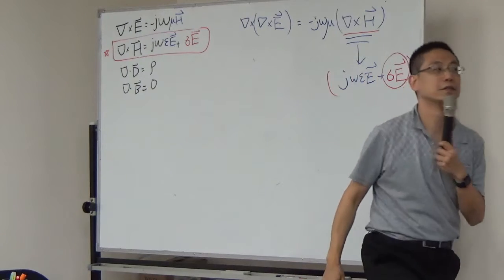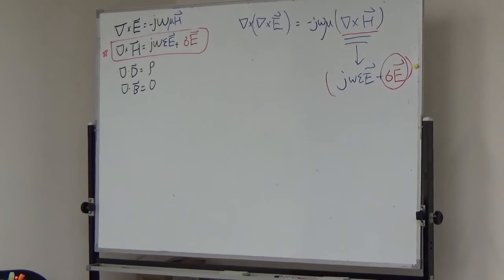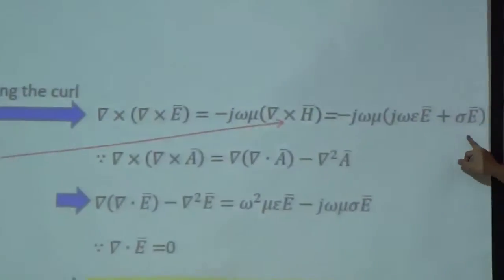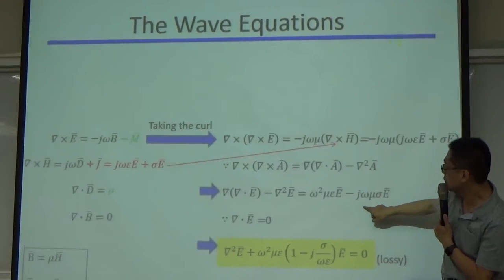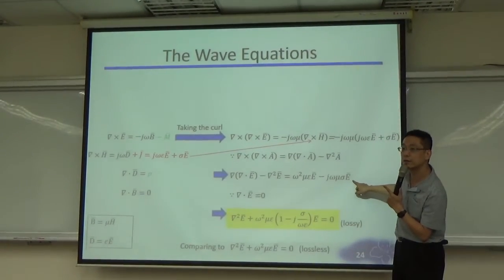The difference is to derive the lossy case, the full equation for that one, we will have an additional term because of the red one.